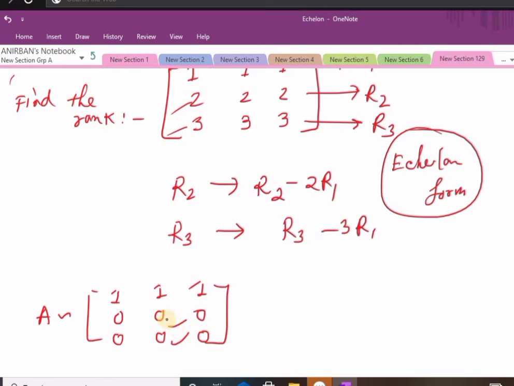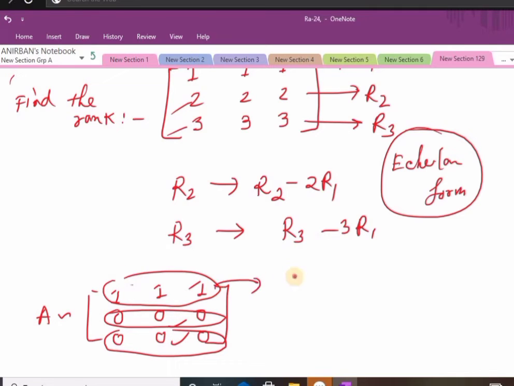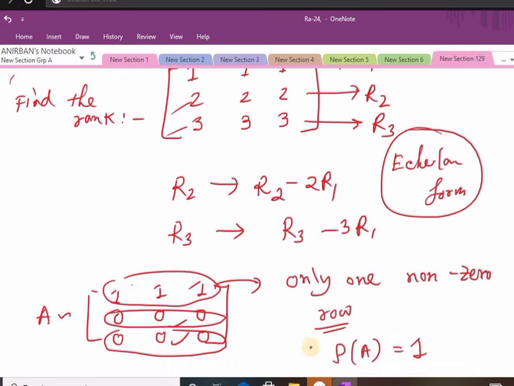You have two completely 0 rows and only one non-zero row, so it has rank obviously 1. So these are many fundamental problems you have on the rank of a matrix.